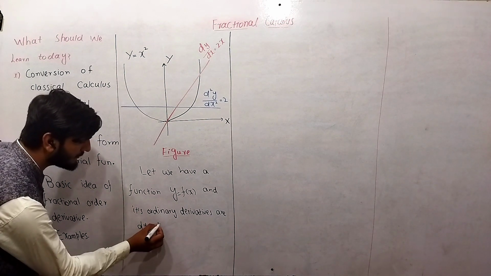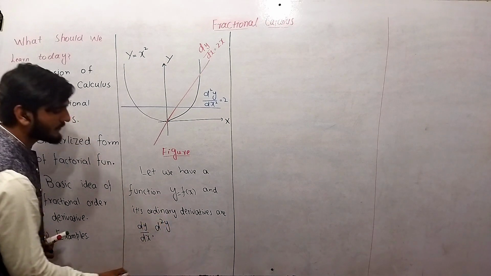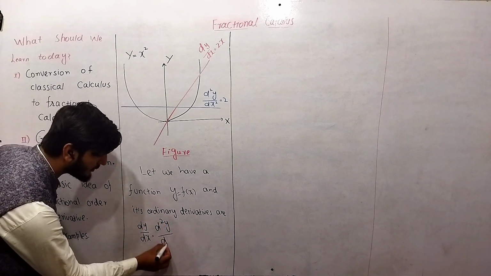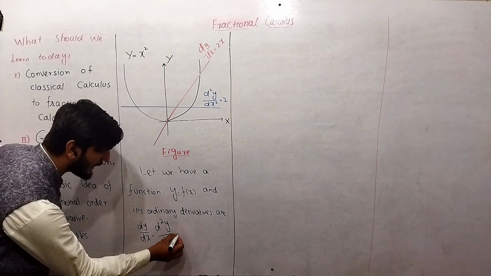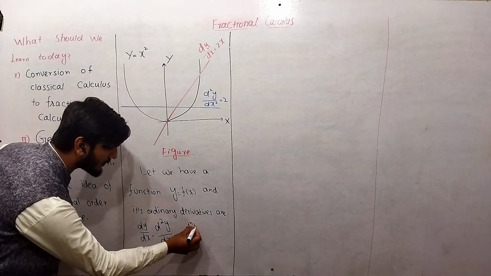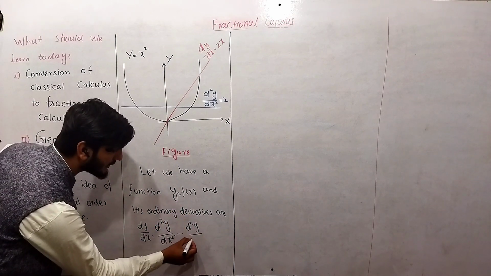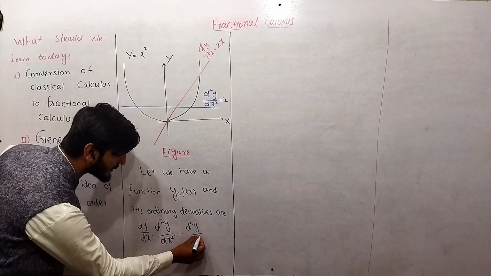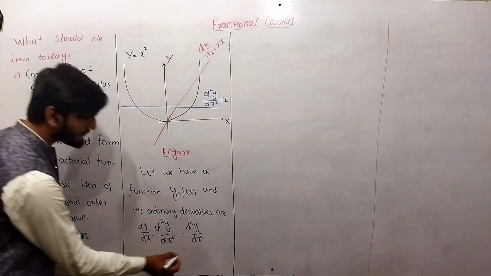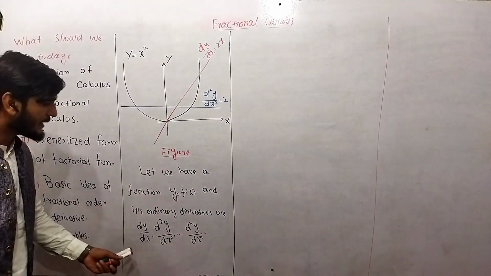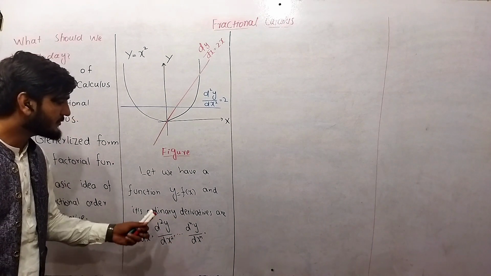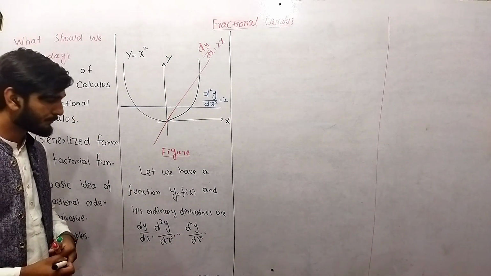The second order derivative is described as d2y over dx square, and so on, and the nth order derivative is described as dny over dx raised to power n. These are the ordinary derivatives of the function y.